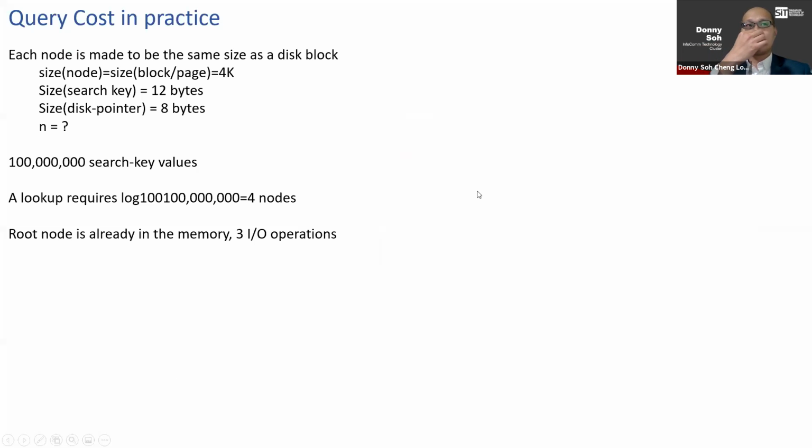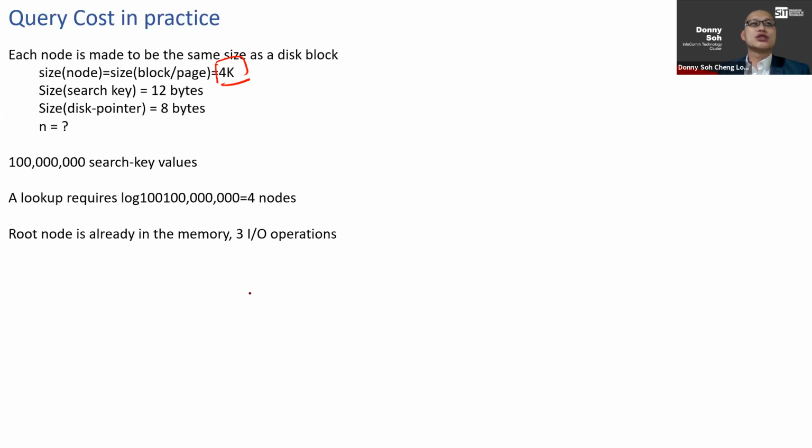So the query cost in practice is the following. Assume that each node is made to be the same size as the disk block. The size of the node is equal to the block size, and in this scenario we have 4K to be the size of the node.